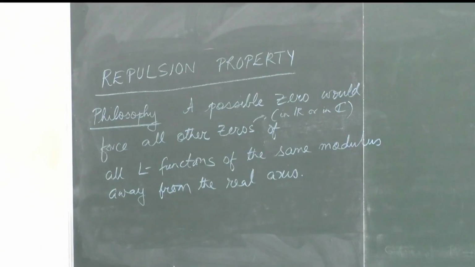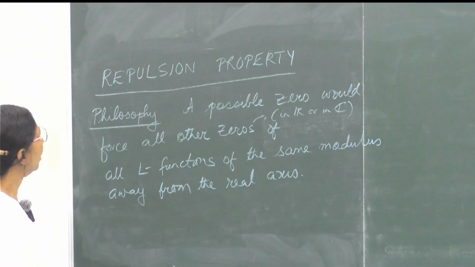Maybe I'm saying more than I mean. It's not that I will use it for the Goldbach; it is this version of the repulsion property which will give a relationship of the Goldbach problem with the Siegel zeros.